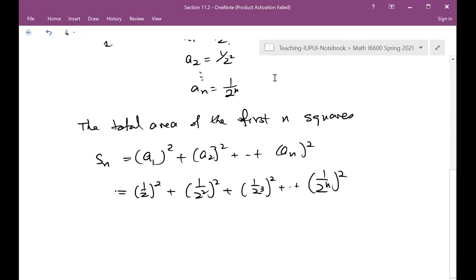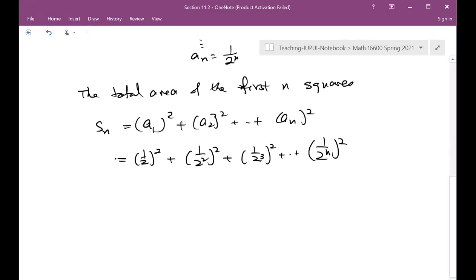Then you understand the limit, okay? Because the total area of all the squares should be the limit of the area of the first n squares, right? So the question is how to add them together, and it's pretty strange, right?